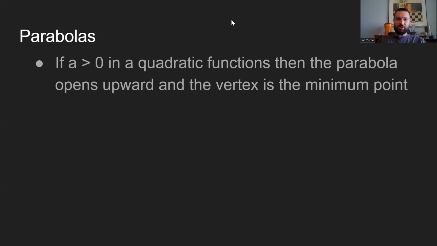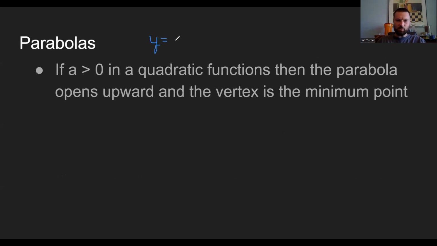So remember, when we do this, our equation is y equals ax squared plus bx plus c. Or you could have it equal 0 if we're solving it. Or it's just y equals this.